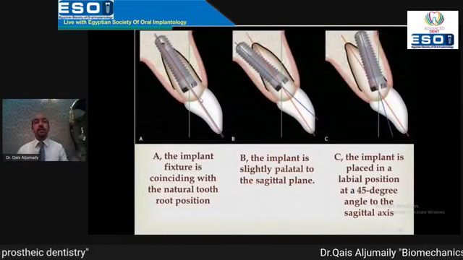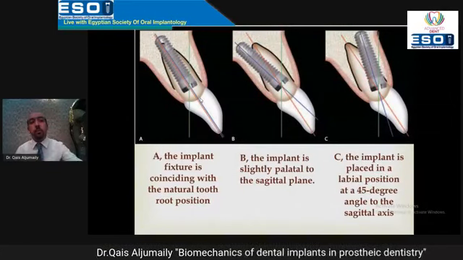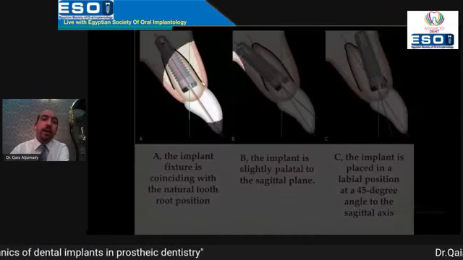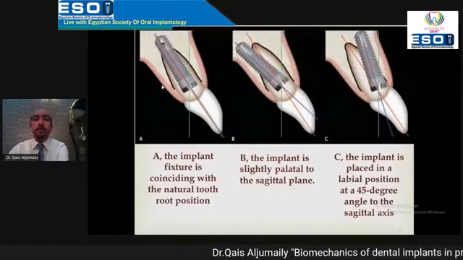That means the force will be vertically transmitted from the crown to my implant, with a very nice emergence profile in this area and a good quantity of bone buccally and palatally.